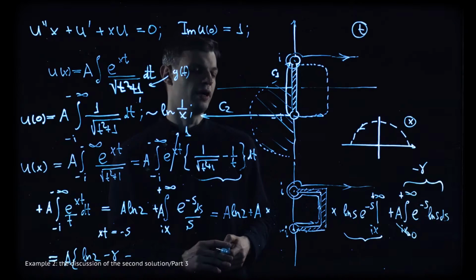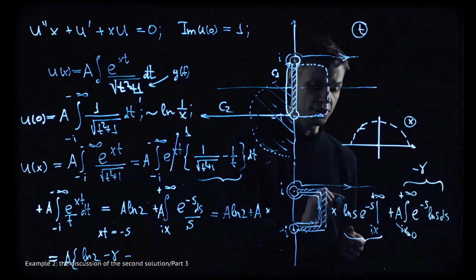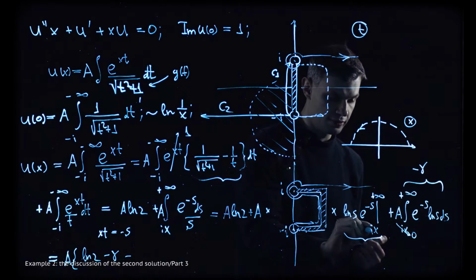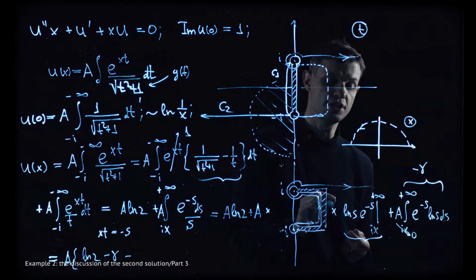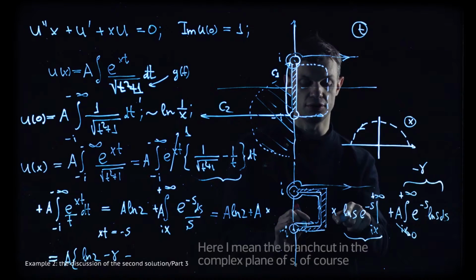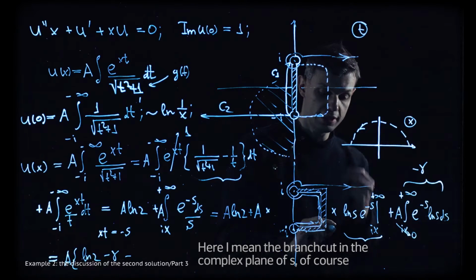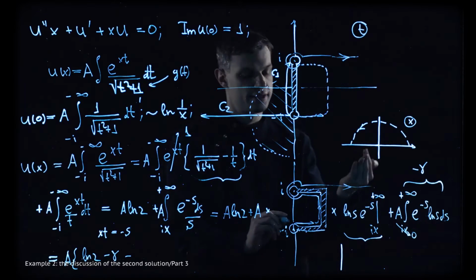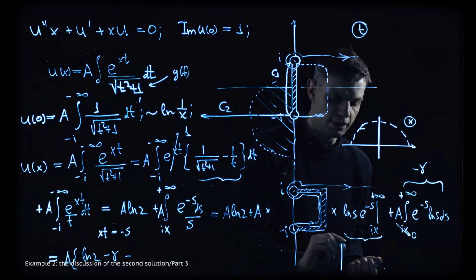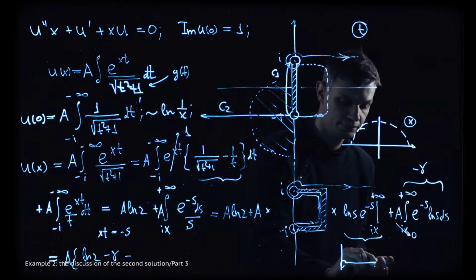So what is logarithm of I? Well, that's a good question. In order to find the value of logarithm of I self-consistently, you actually need to draw a branch cut to define this logarithm in a single valued way. So let's do this. Just a small picture. Let's draw a branch cut, for example, in the positive direction, like this.